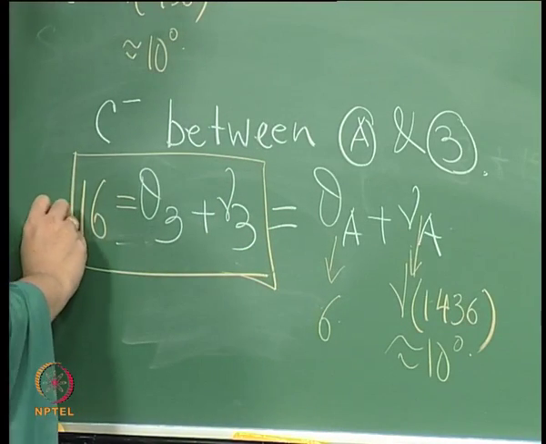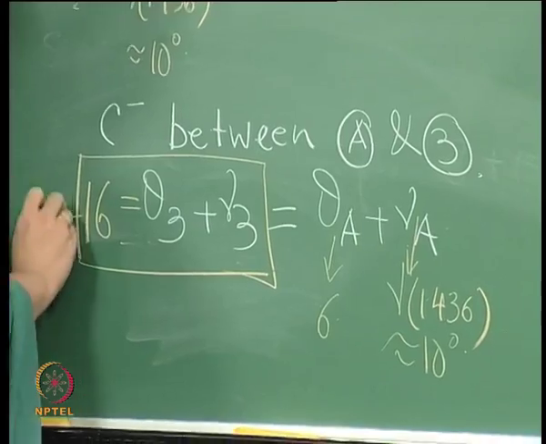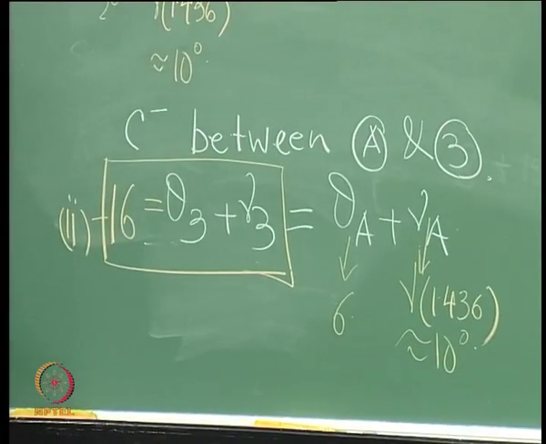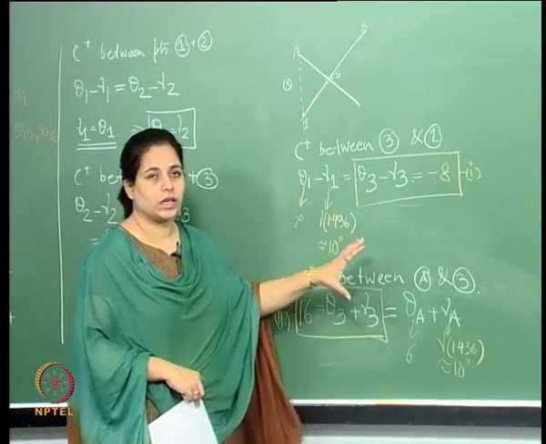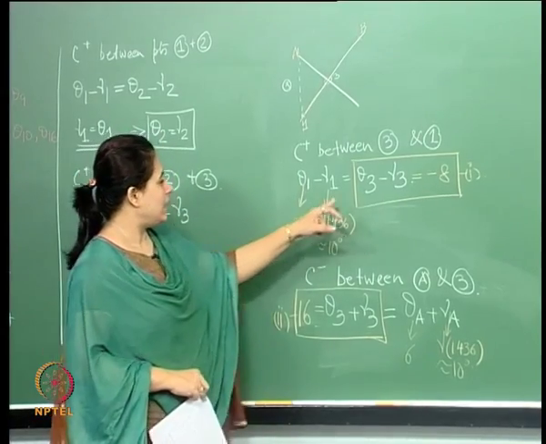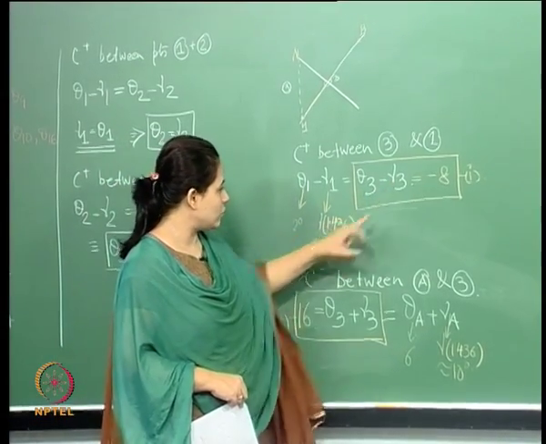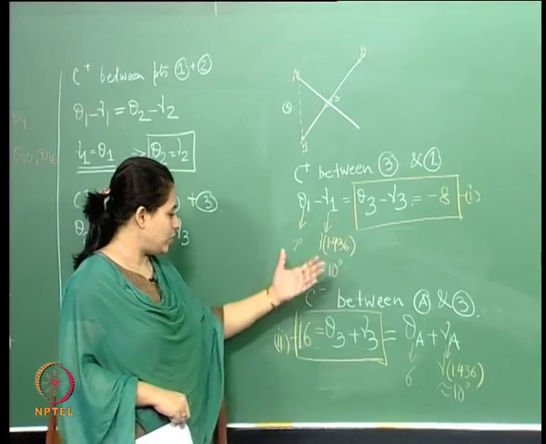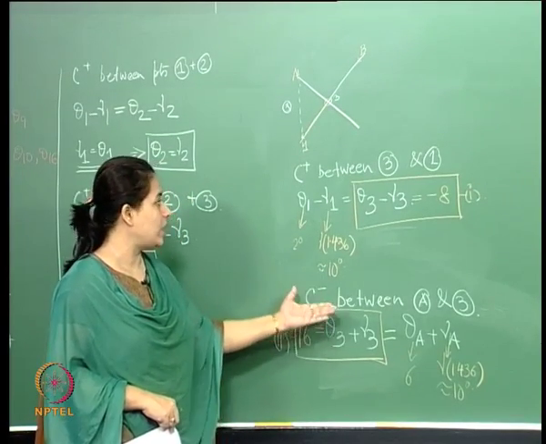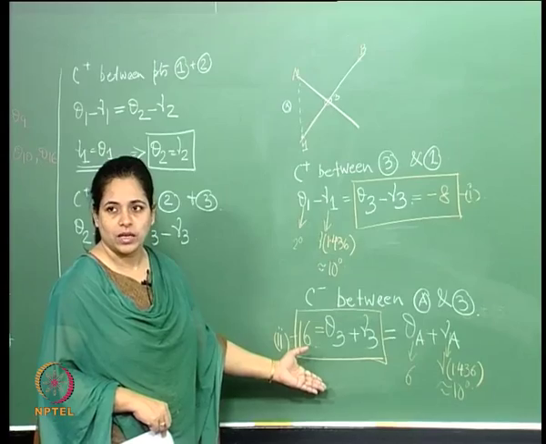So what you basically have here are these two equations, and you can just eliminate theta 3 and mu 3 from these two equations simultaneously.